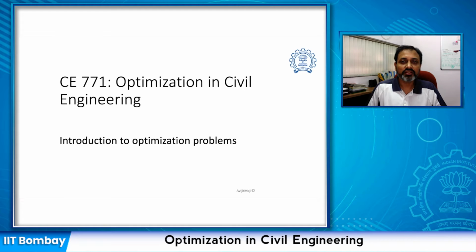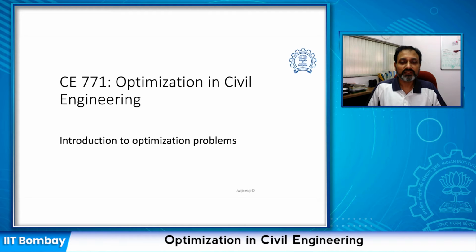In this first lecture, we are going to discuss about the optimization problem and how it can be mathematically represented. We are also going to discuss about the various components of the mathematical representation of optimization problem and classify the optimization problem according to the nature of the objective function and the constraints.